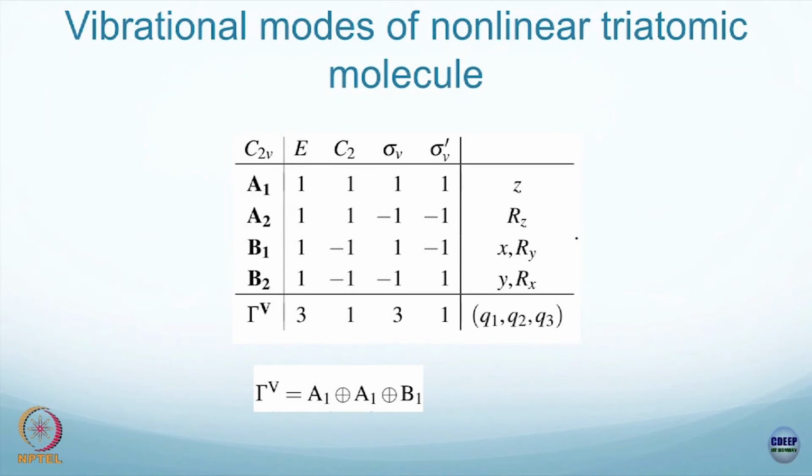Okay. So, do that exercise. Break that gamma V, A1 appears twice, and you have B1 which appears once. So, totally the rank 3 is broken up into 3 rank 1 irreducible representations. Okay. So, this is the first step.